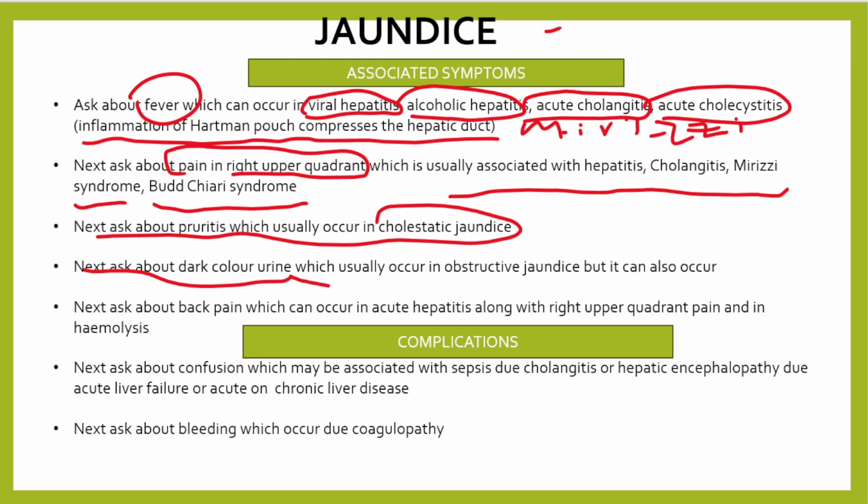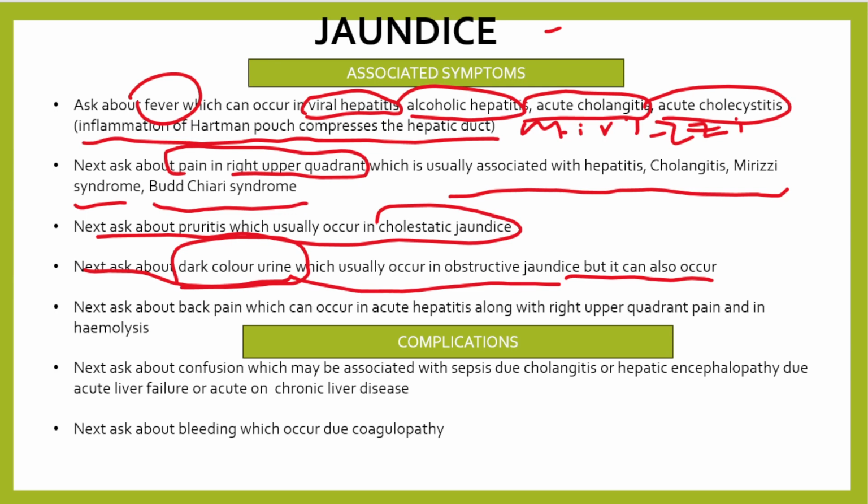Dark urine usually occurs in obstructive jaundice, but it can also occur in hemolysis as well. It's not a very reliable thing regarding the confirmation of obstructive jaundice, but we have to ask this in a history.